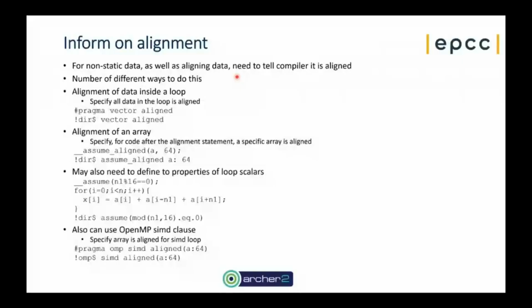When you do this for the compiler, you need to make sure you create the arrays you're using as aligned. And then once you've done that, you also need to tell the compiler you've done it. Now, this may seem counterintuitive because you've already done it, so why do you need to tell the compiler again?